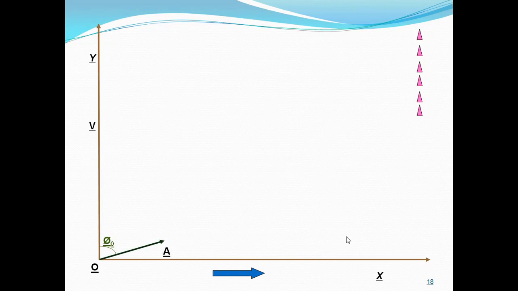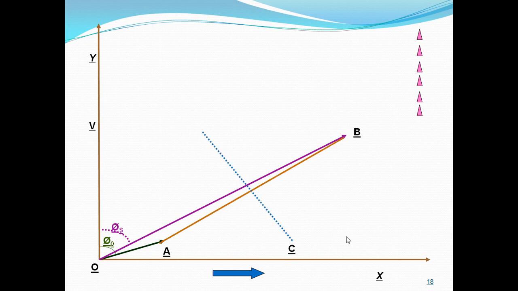So we have to draw OA at an angle of phi naught. Then next OB at an angle of phi s. Then join the two points A and B like this. After joining the line AB, you bisect the line AB.